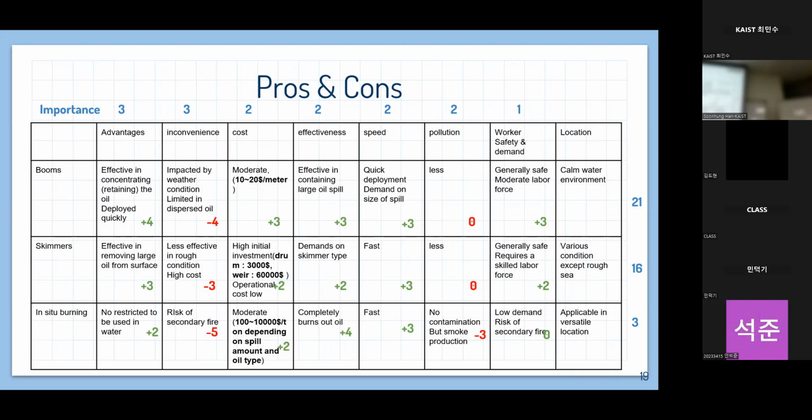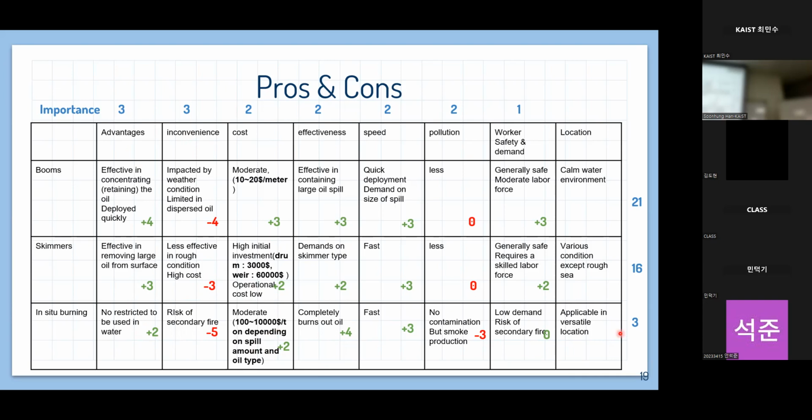We gave each item a score of 1 to 5 through discussion. The 2 negative items, inconvenience and pollution, were given a score of -1 to -5.